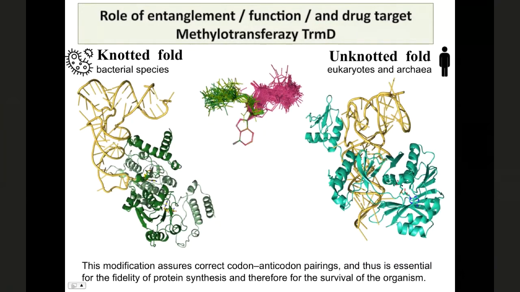I should mention, and it's very important, that the knotted protein binds the ligand in the active site, which is knotted, and this one binds the same ligand in the active site. This is unknotted. So maybe if we try to understand why evolution designed these two proteins, one knotted and another unknotted, we can understand what is the possible role of entanglement.